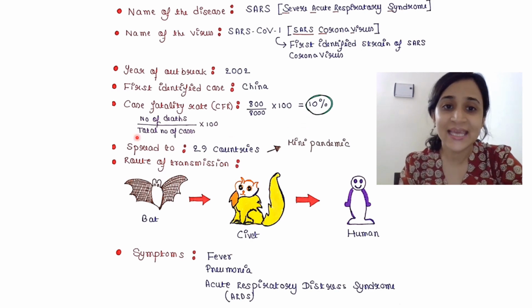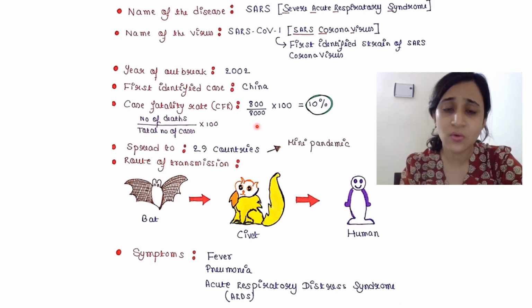Now, what is case fatality rate or CFR? The case fatality rate or CFR is the number of deaths divided by total number of cases into 100. So, in this particular disease, the total number of cases was 8,000. That is, 8,000 people were infected by this virus.